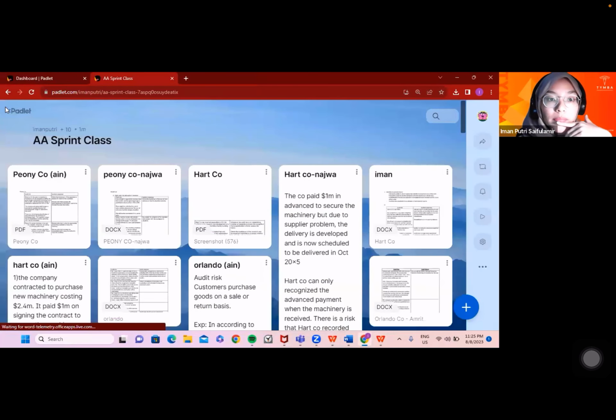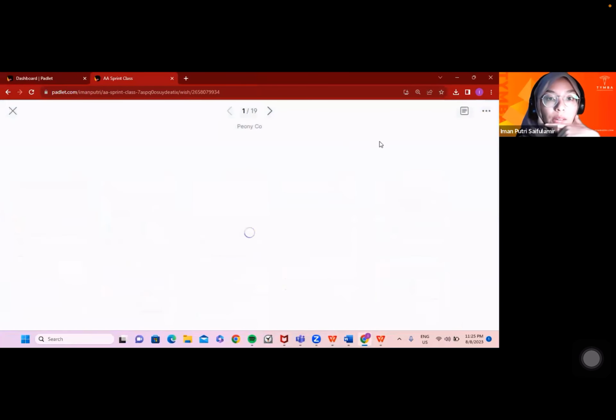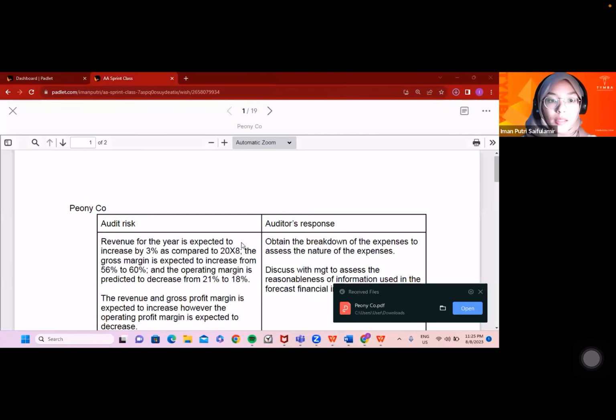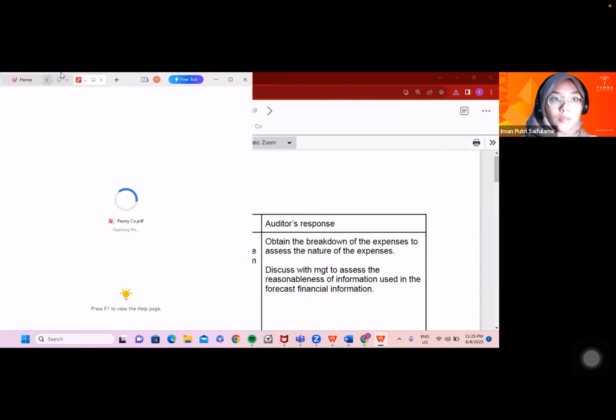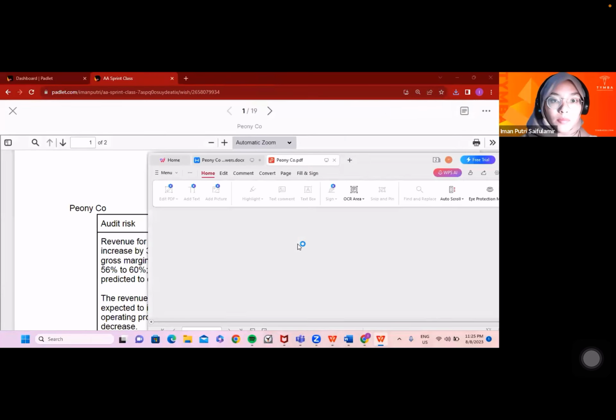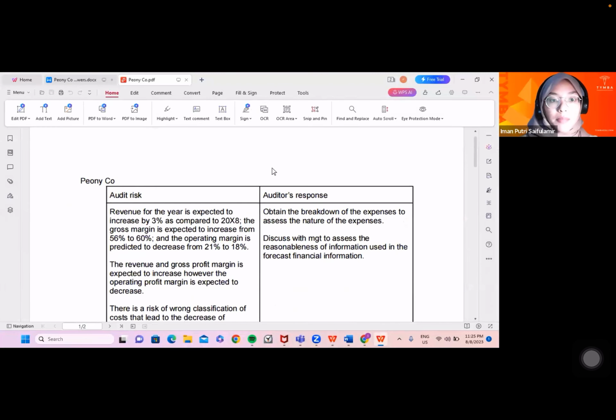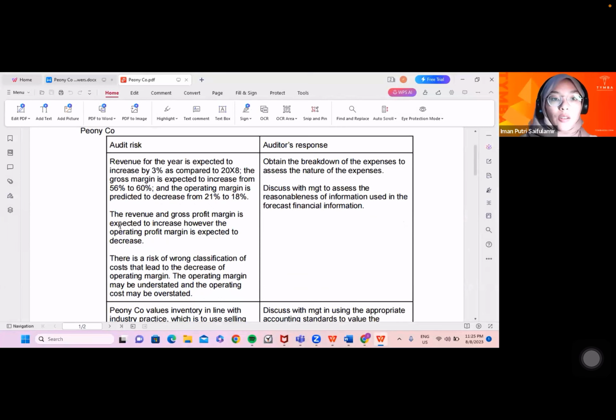Right, let's look at Ain's. Revenue for the year is expected to increase. However, the operating profit margin is expected to decrease. There is a risk of wrong classification of costs. Okay, this is correct.